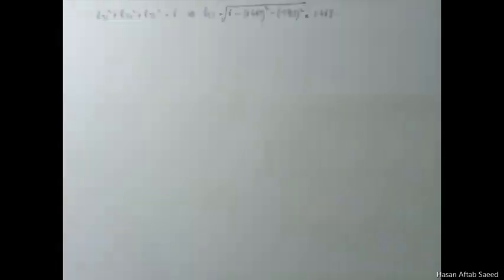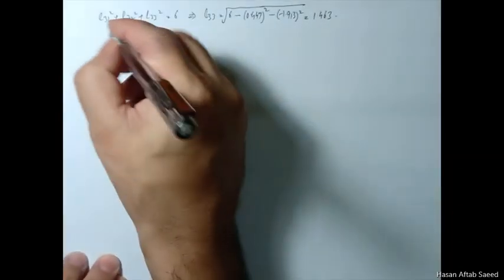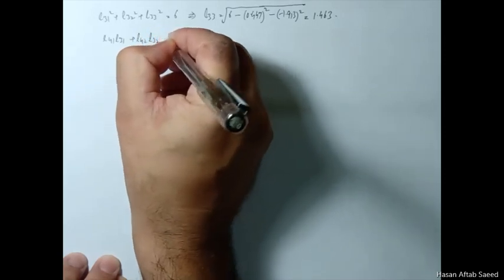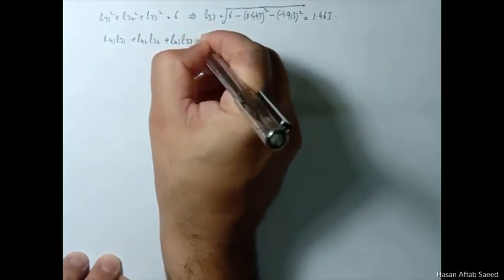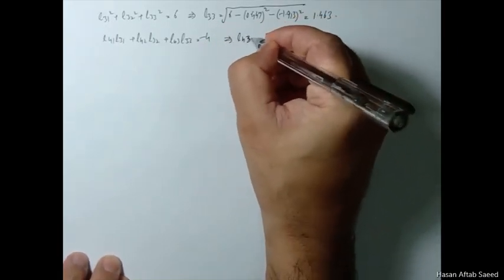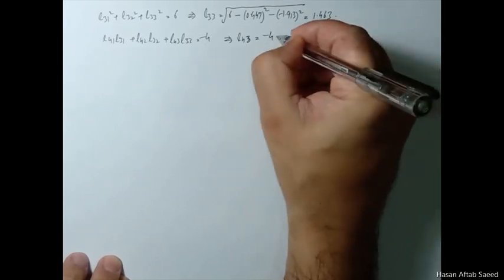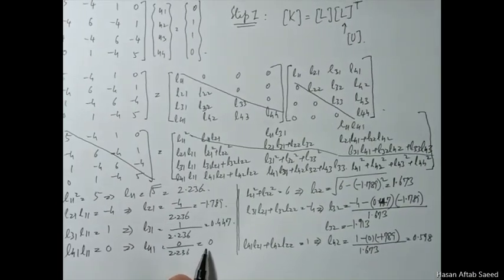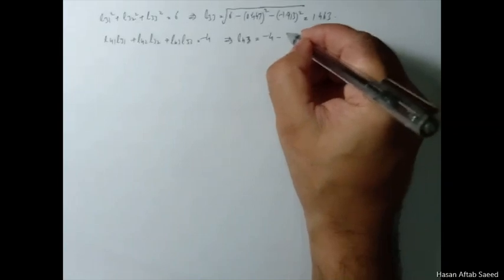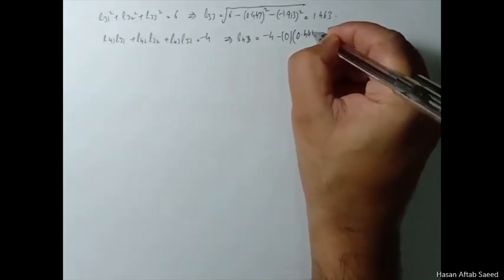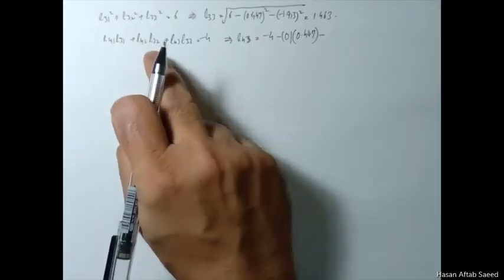The next one, L41 L31 plus L42 L32 plus L43 L33 is equal to minus 4, which implies that L43 is equal to minus 4 minus L41 L31, L41 0, L31 0.447, minus 0 into 0.447, minus L42 L32.